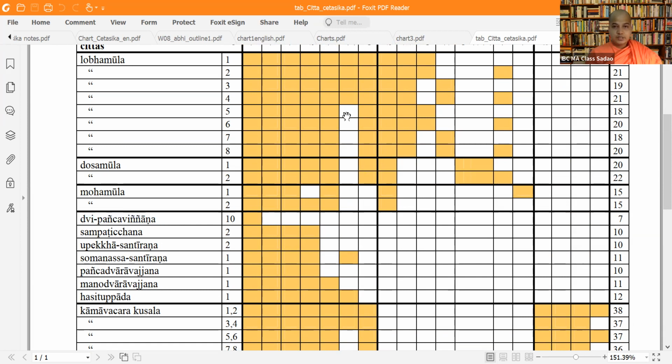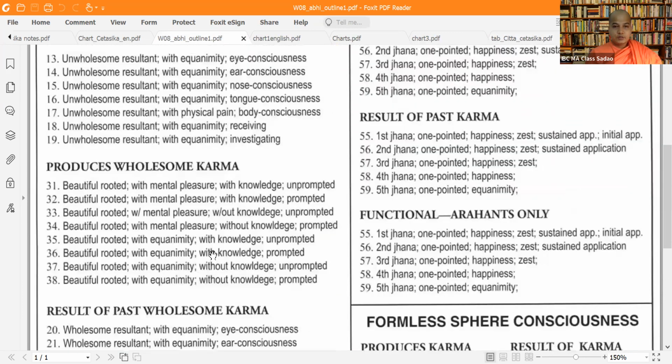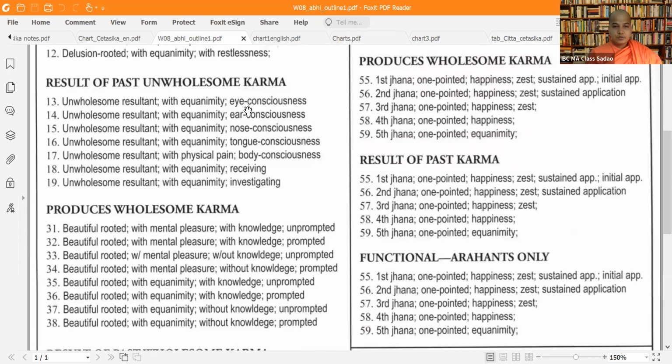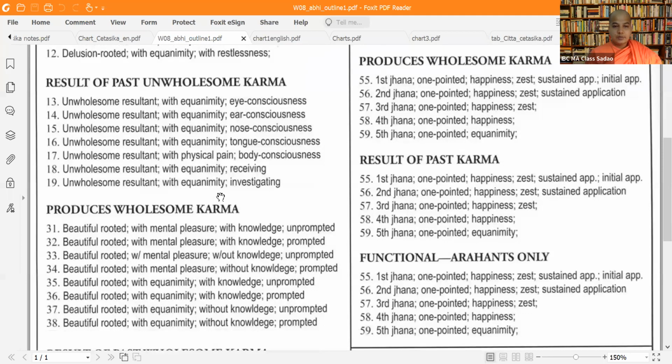Now, Dvipancha Chitta here refers to this 5 and this 5. Eye consciousness, ear consciousness, nose consciousness, tongue consciousness, and body consciousness. So this is the result of unwholesome karma. So this belongs to unwholesome vipaka karma.